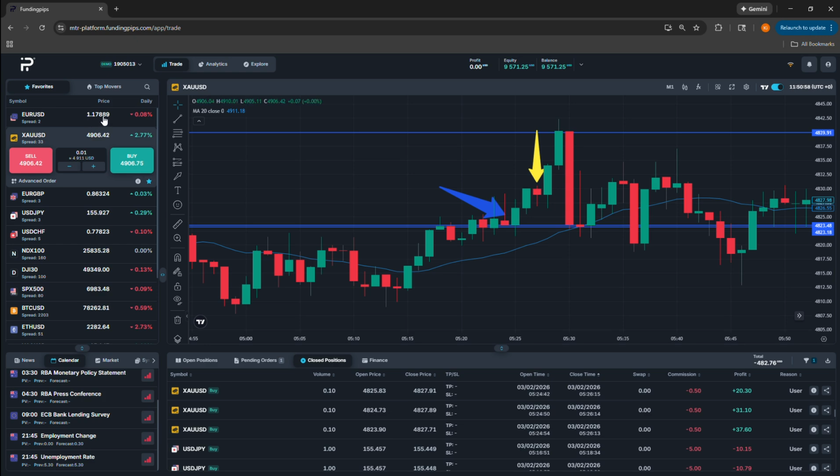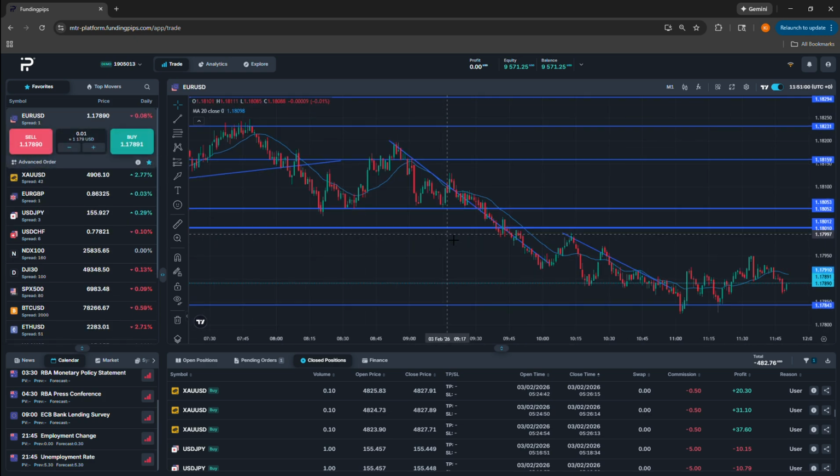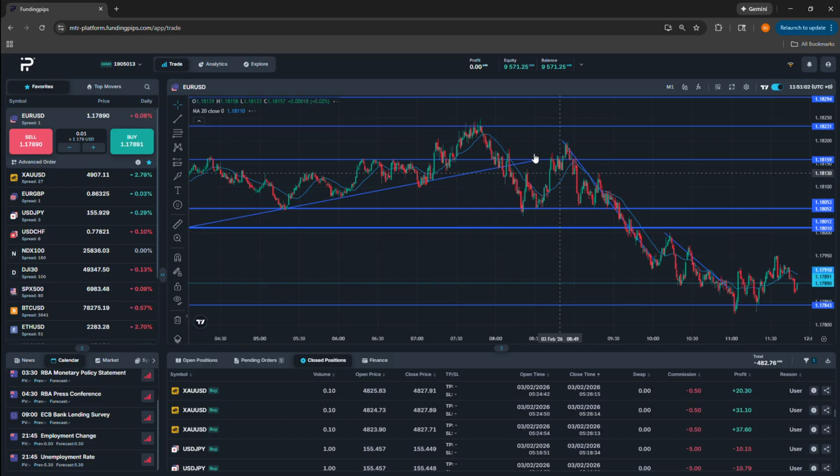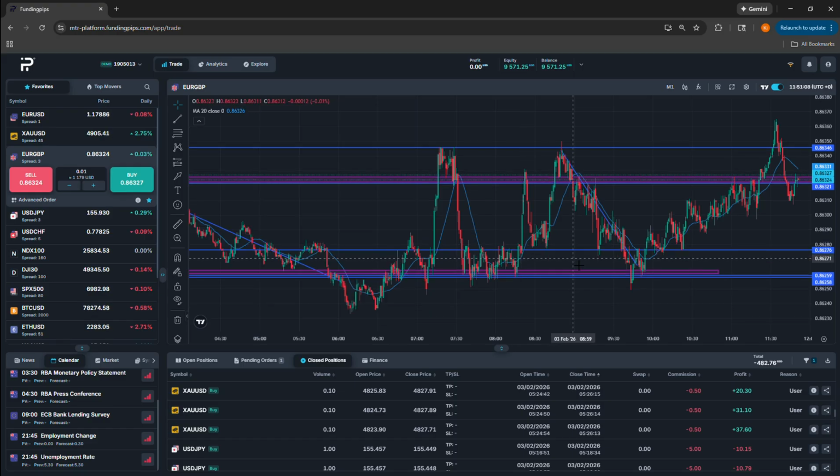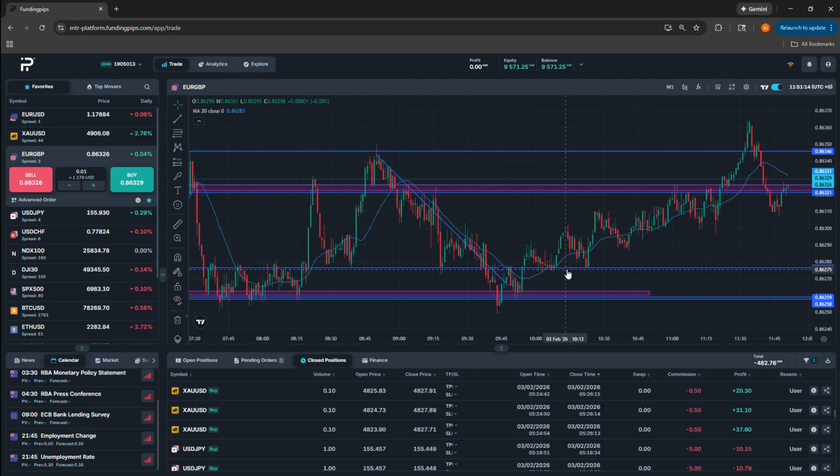Then this one I didn't trade because it was in a downtrend. Okay, and then here I took a trade multiple times, but this one is more memorable right there. So essentially, what I did was I took a trade right here.